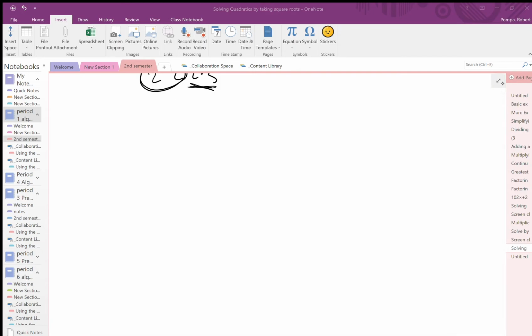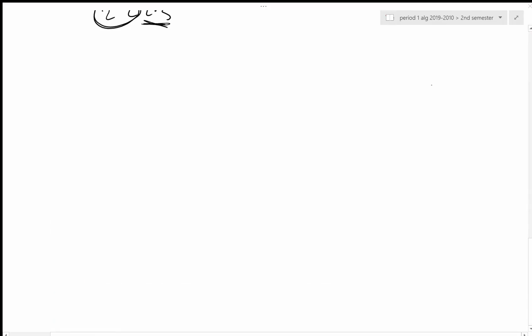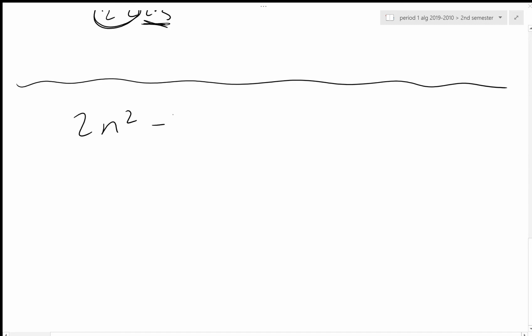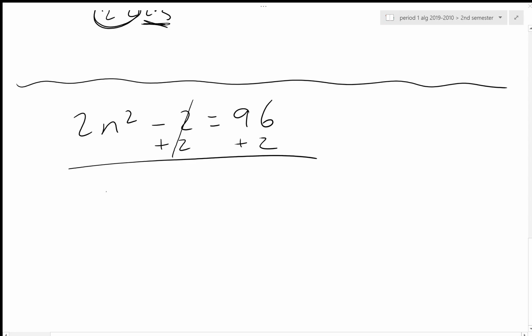Now, this next example is about as hard as I'm going to make it today. 2n squared minus 2 equals 96. If you notice now, there's a number in front, so it's an extra step. First, we're going to do plus 2 plus 2. You get 2n squared equals 98.